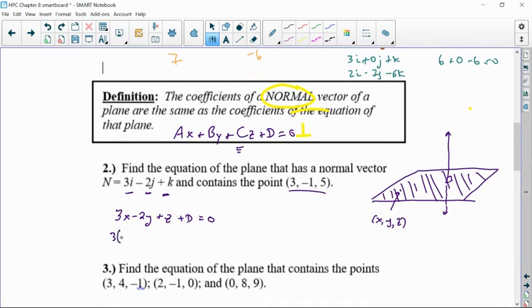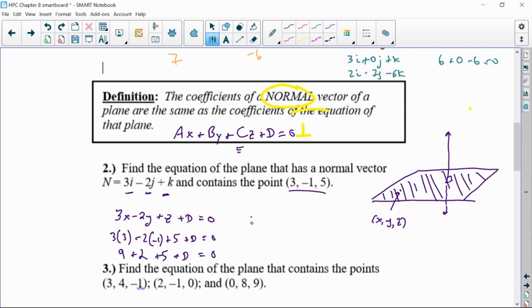There's not a lot of work to do here, other than recognizing a vocabulary word: normal. A normal vector is the vector that has the same coefficients as the plane. Normal does mean perpendicular, and that's how we're defining our planes. So we have 9 plus 2 plus 5 plus d equals 0 to find that intercept. Well, 9 plus 2 is 11, and 11 plus 5 is 16.